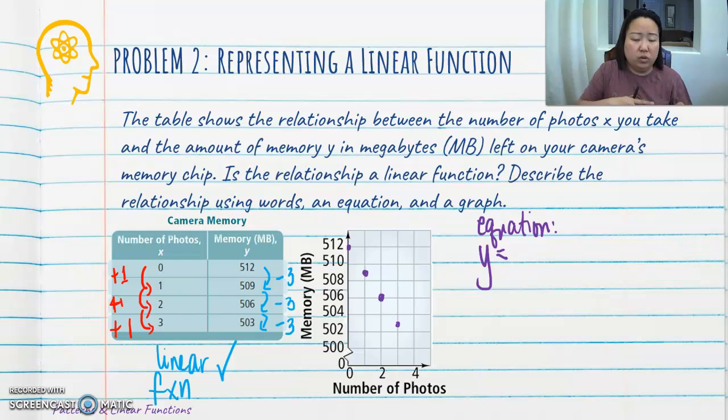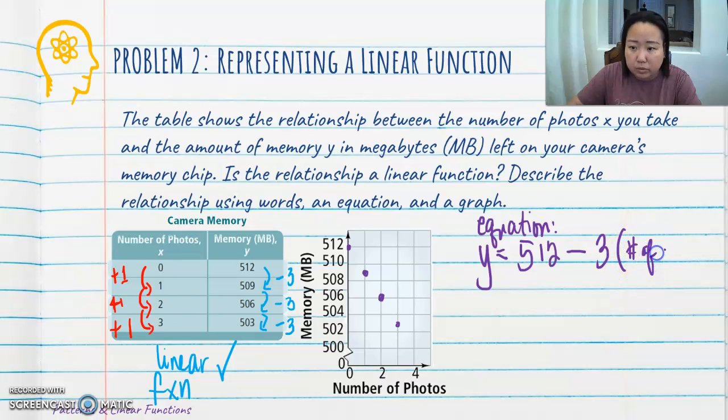For every photo that was taken, it will deduct 3 megabytes from the memory itself. And so our original size, which is 512, will be subtracted by 3 times the number of photos.